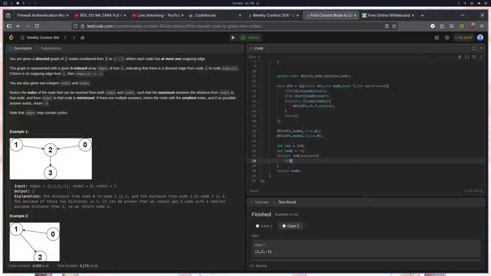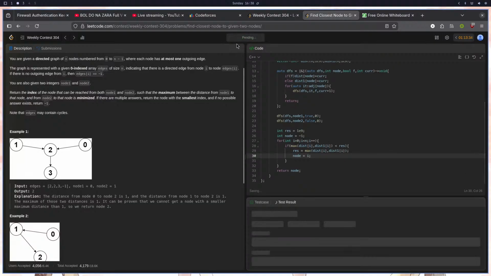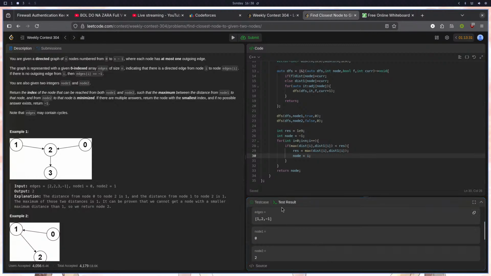If max of the test of node, comma test1 of i, okay. Then res equal to max of test of i comma test1 of i, node equal to i. Two.